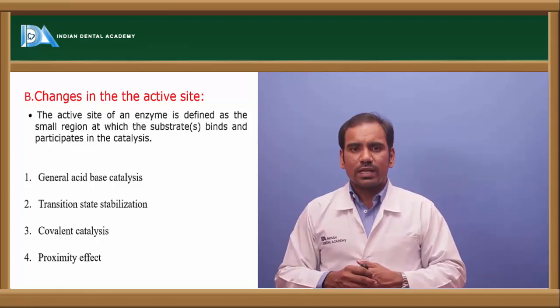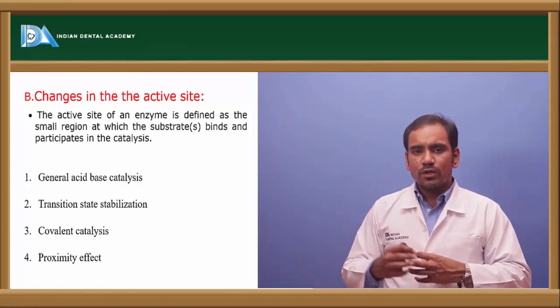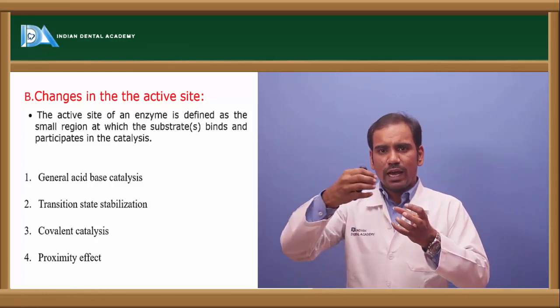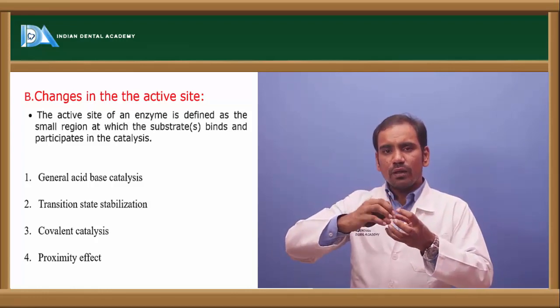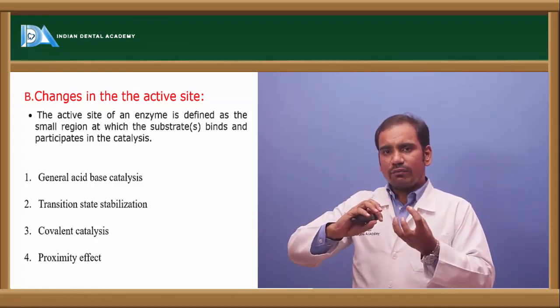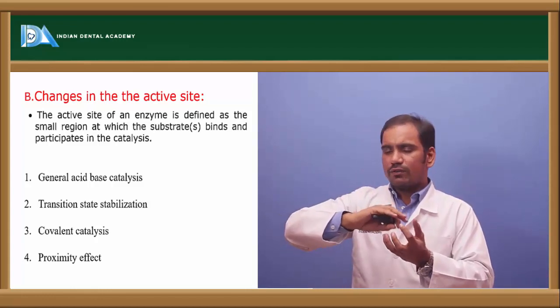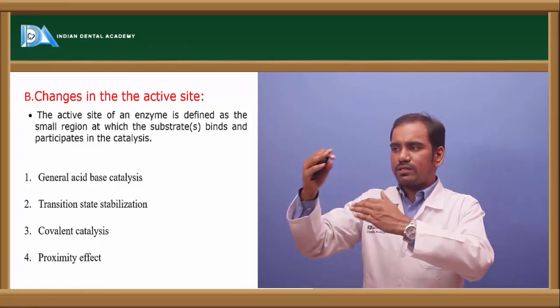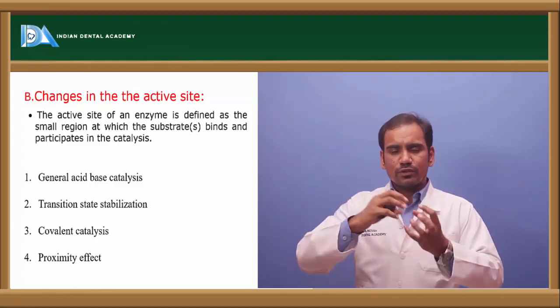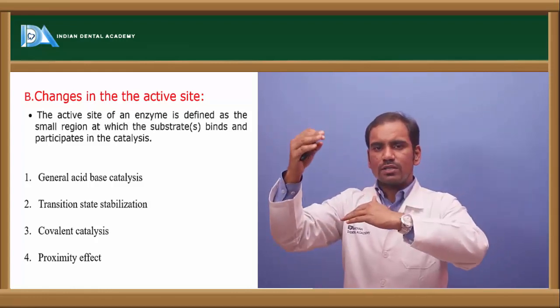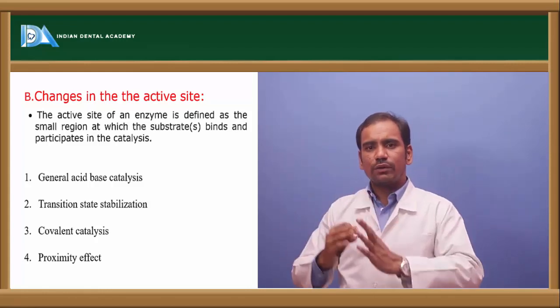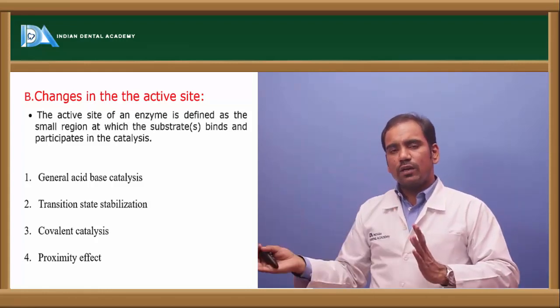Coming to transition state stabilization: whenever a substrate binds to the active site of the enzyme, the active site favors the conversion of the substrate and transforms it into a transition state. Whenever a substrate is transformed into a transition state, it favors the conversion of substrate into product.